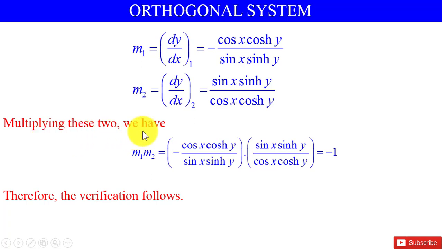Multiplying these two, we have m1 into m2 = -(cos x cosh y)/(sin x sinh y) times (sin x sinh y)/(cos x cosh y) = -1. Therefore, the verification follows.